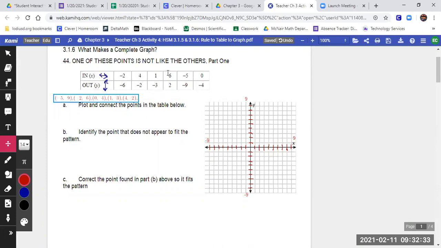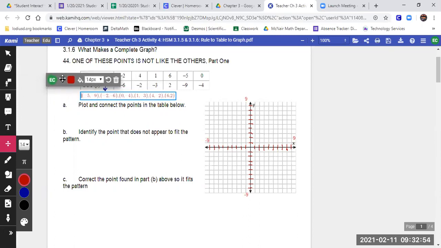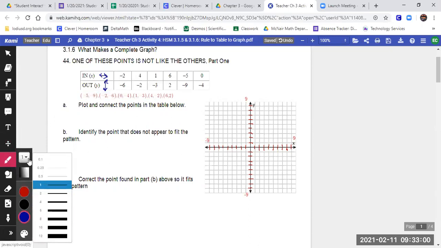Yes, because we're going the number on the top with the number on the bottom. Okay, that's how we're getting these. The number on the top with the number on the bottom in a pair. So that one was our 6, 2. Now we have our list to make it easier to graph it, right? We turned it from the table into the coordinates so we can go graph it.